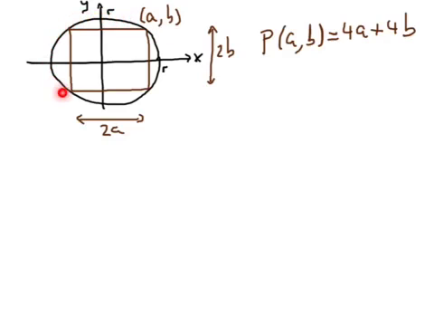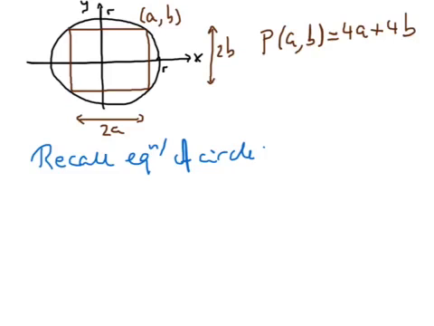So what we realize is that because this point (a, b) lies on our circle of radius r, these coordinates a and b must fulfill the equation of a circle. So let's recall the equation of a circle: on a circle the points have to fulfill the equation if it's centered at the origin, x squared plus y squared is equal to r squared.